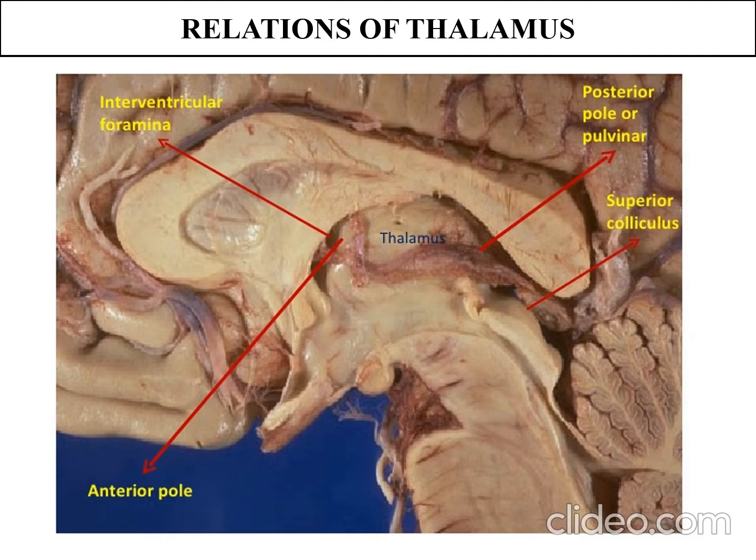The posterior end is broad and relates to the lateral geniculate body, medial geniculate body and the superior colliculus. The interventricular foramen, related anteriorly to the thalamus, is the channel through which the lateral ventricle communicates with the third ventricle.